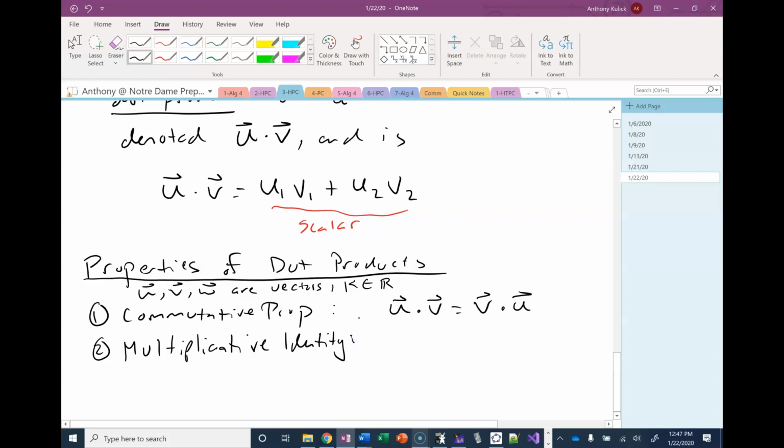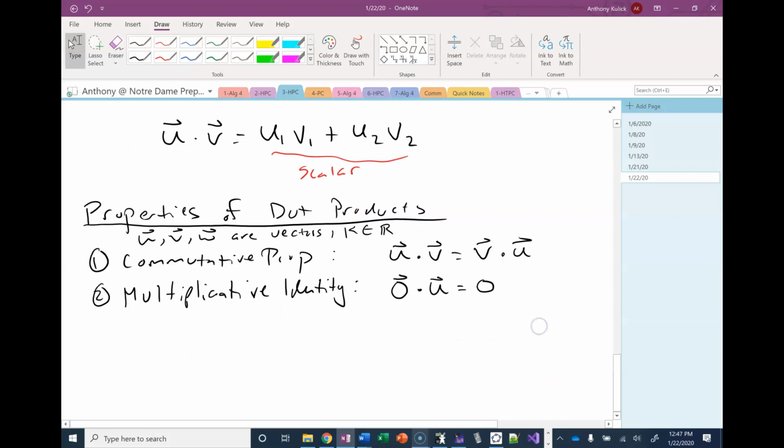The next is the multiplicative identity property that says 0 dot any vector, or the 0 vector dot any vector, gives us, what do you think? 0, just the number 0. Next is the distributive property.